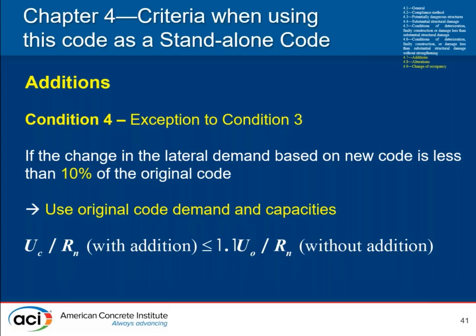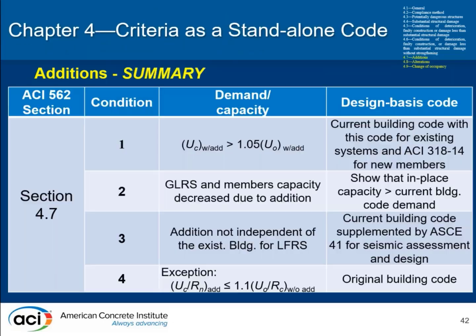That's stated by the equation at the bottom: the demand to capacity ratio with the addition is less than 1.1 times the original demand to original capacity ratio without the addition. You can use the original code demand and capacities. So this table summarizes these 4 criteria that we've just discussed.